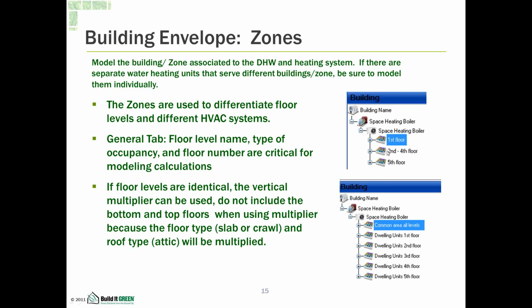So for example, if you had 20 units in the 2nd, 20 units in the 3rd, and 20 units in the 4th, it'll be a total of 60 units that gets multiplied. But let's just say in reality there's really 80 units total. Then the multiplier is not going to capture that.